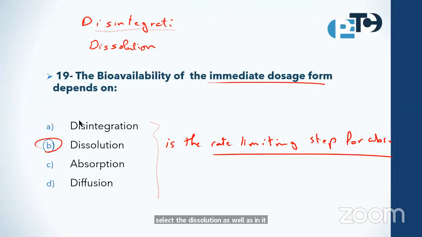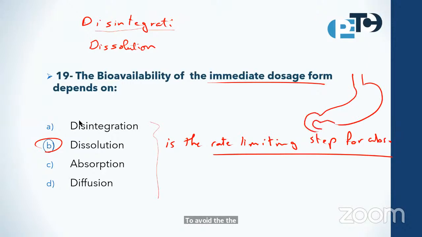Dissolution. Enteric coated, what is the purpose of the enteric coat? It is not to bypass the absorption. It is either to avoid the acidity of the stomach, because the acidity of the stomach will destroy the drug, or to avoid the effect of the drug on the stomach, like aspirin, for example.